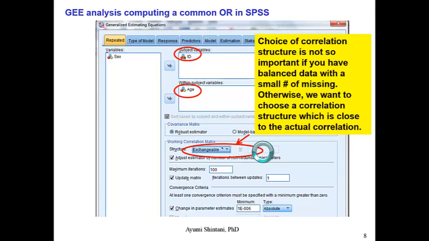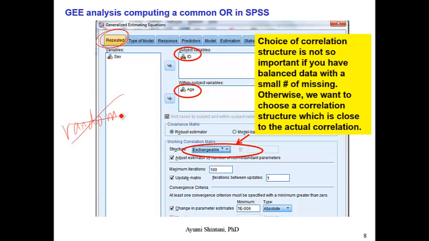You go to analyze, generalized linear models, and under generalized linear model you find the GEE. This is the first screenshot in GEE. Similar to mixed effect model, you put the ID under subject variables, and then you put the age under within subject variables. GEE does not have a random effect, so no random effect.